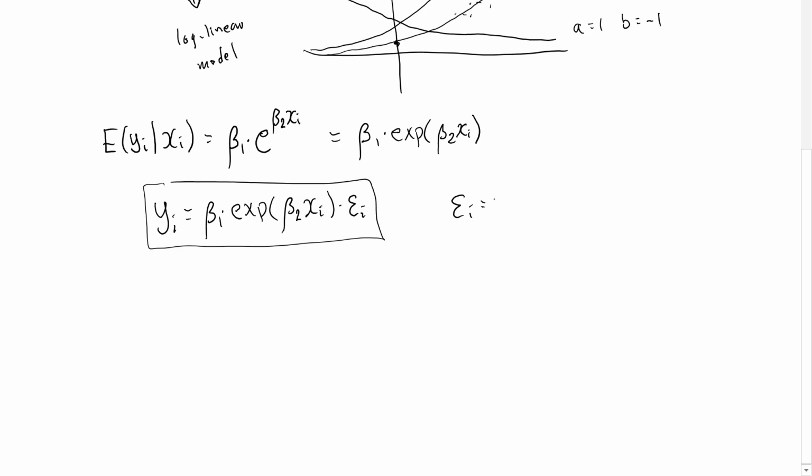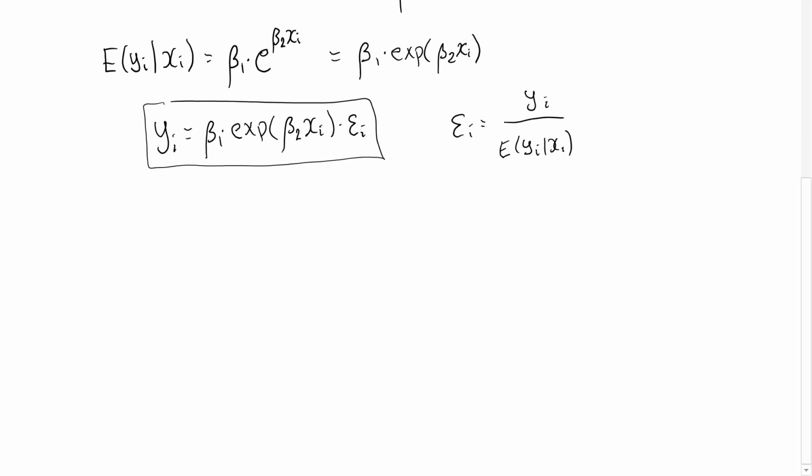And just like the log-log model, epsilon_i is then the ratio of y_i to the expected value of y_i given x_i. If we have more than one explanatory variable, we would write it like this, still as a product: beta 1 e to the beta 2 x_i2 times e to the beta 3 x_i3.